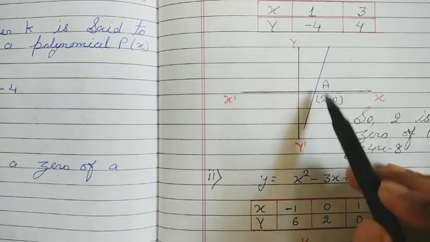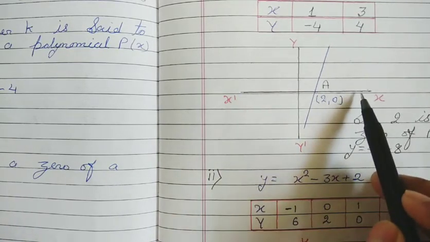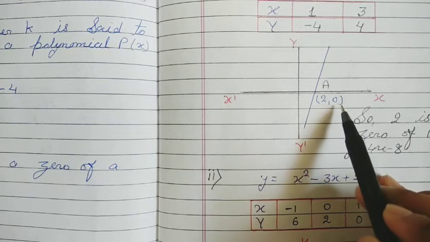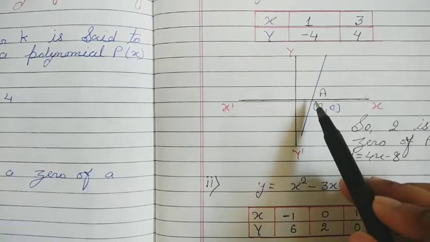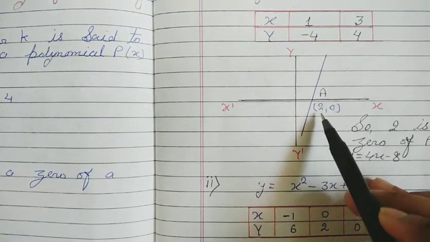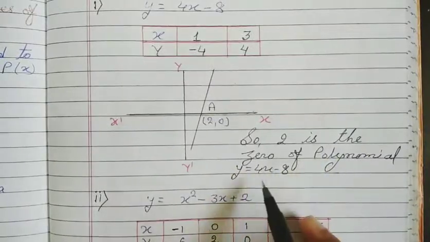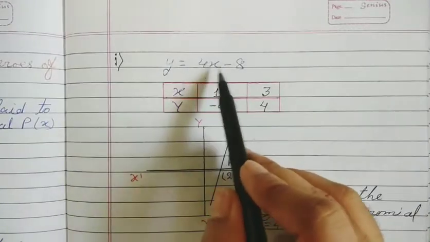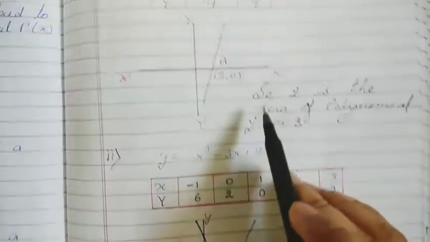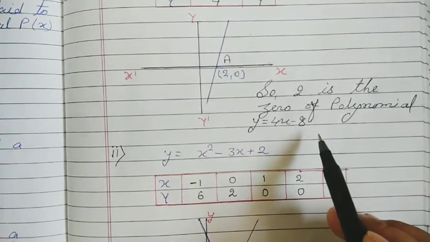What is the y coordinate of this point? 0. On the x-axis we all know that the y coordinate is always 0. That's why the x coordinate of this point is 2. So 2 is a zero of the polynomial which I have taken, that is 4x minus 8.